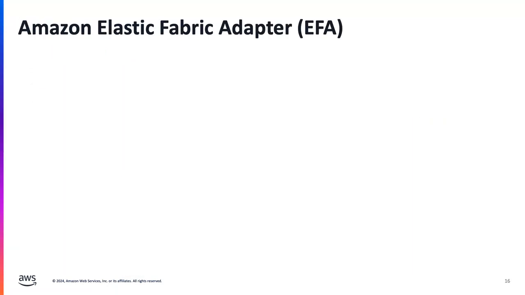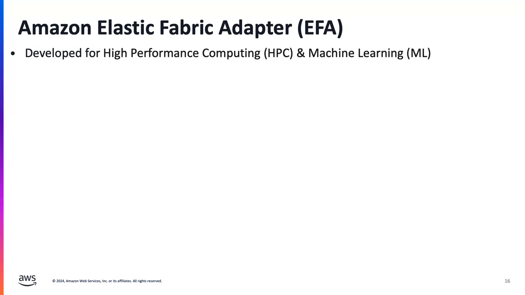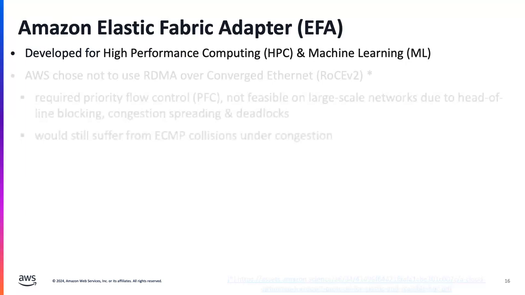I want to talk a bit about the Amazon Elastic Fabric Adapter because I get some questions about this. They're like, hey, why aren't you just using RoCE in AWS? So this was designed for the needs of our high performance computing and machine learning customers.